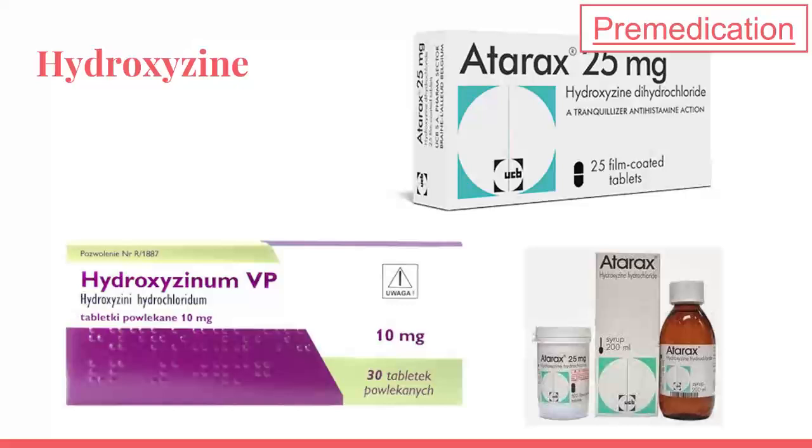Hydroxyzine can also have a depressive effect on the respiratory system, but it is much less pronounced than with benzodiazepines. Hydroxyzine exerts its unique anxiolytic effect as an antihistamine and as a serotonin receptor blocker. This allows it to be classified as an atypical neuroleptic.